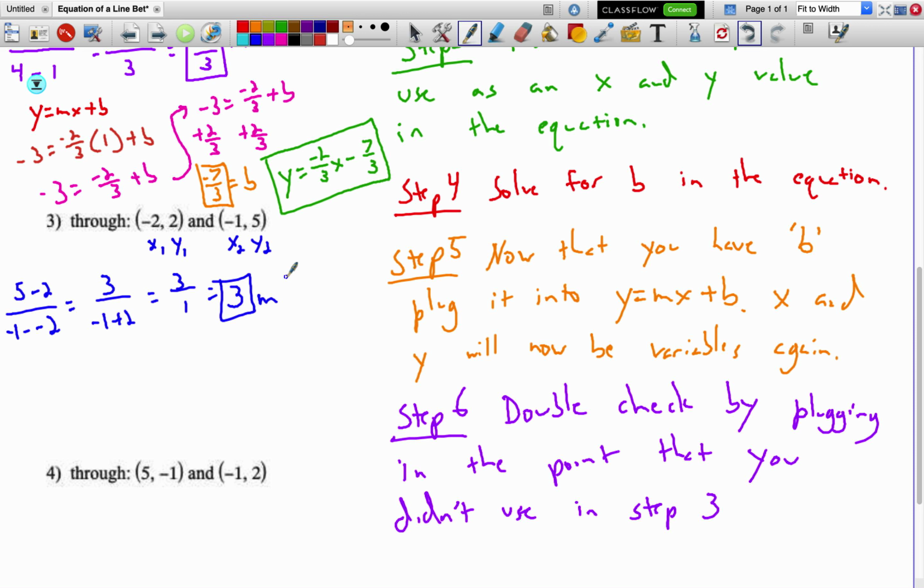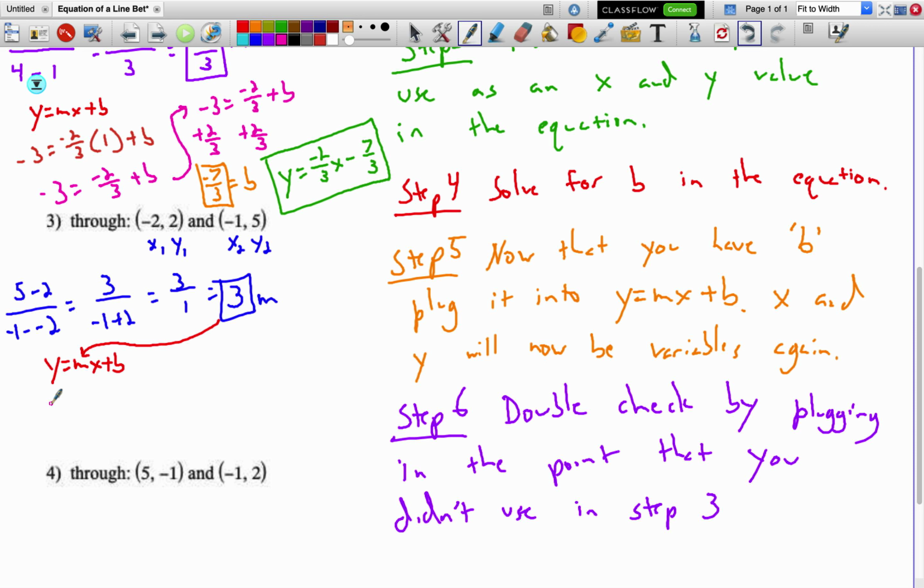Now with that slope, we can borrow one of these points. I'll borrow this first one, negative 2 comma 2, to plug it all into y equals mx plus b. So 3 is going to go in, and I'm going to borrow a negative 2 comma 2.